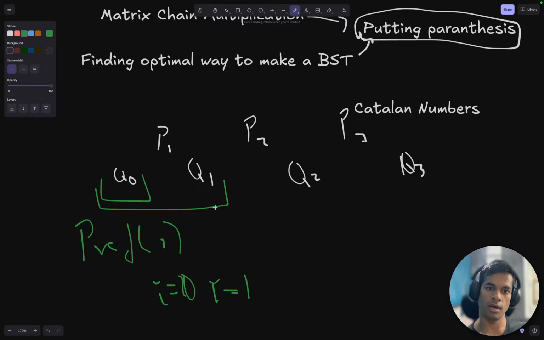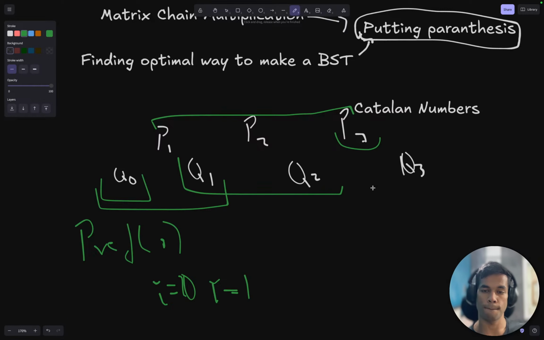So when we have a range like this, I will for sure include all of these things. This would give me the sum till now.